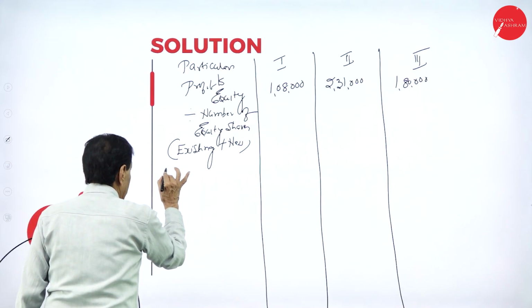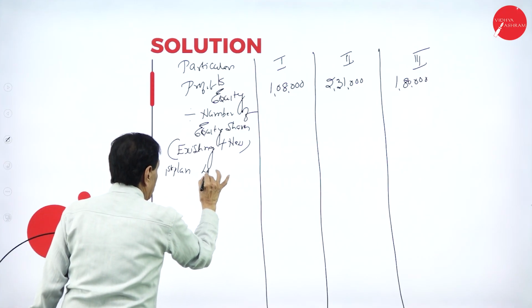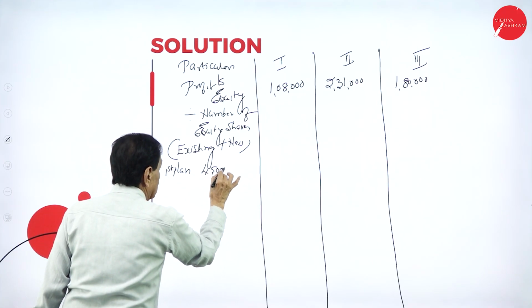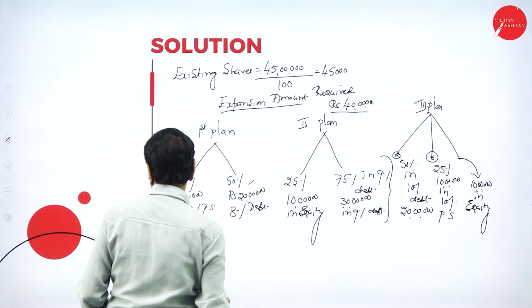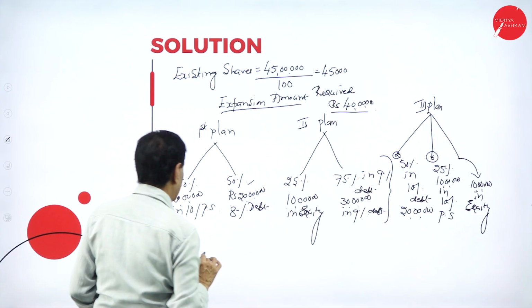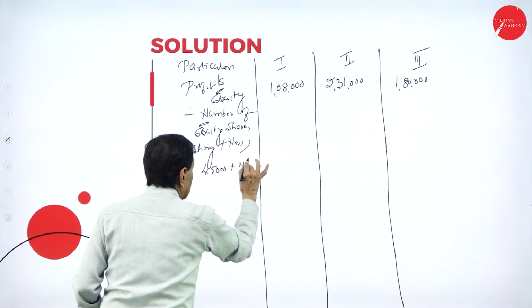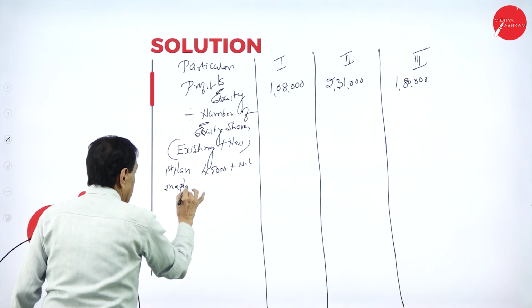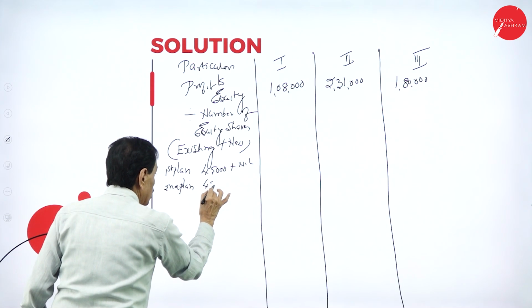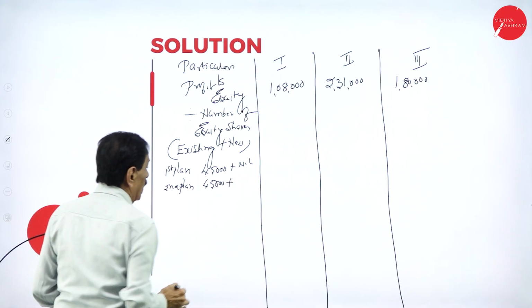First plan: 45,000 plus, how much? No equity is there, so only existing. Second plan: 45,000 plus how much new?